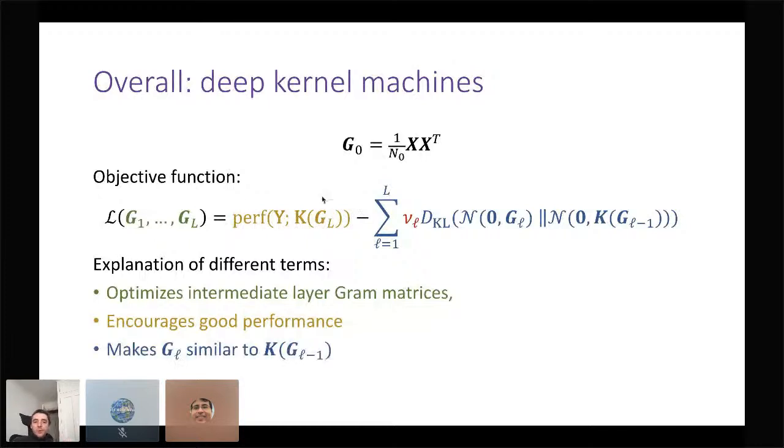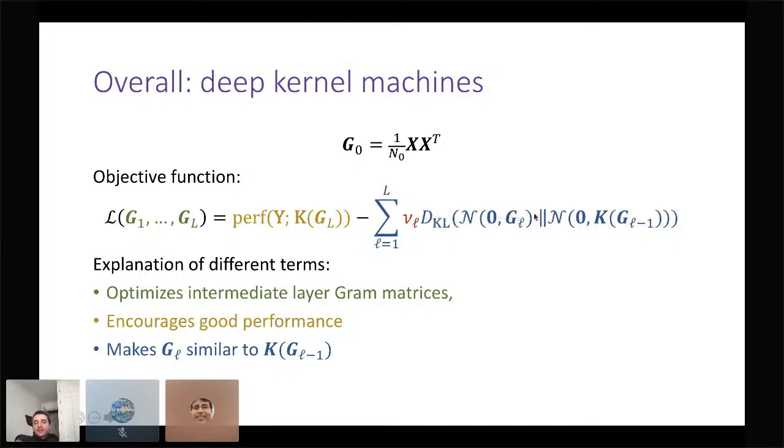Then we've got this bunch of terms that encourage the Gram matrix at the current layer to be as close as possible to the kernel function applied to the Gram matrix at the previous layer. You can see that it does this because this is a KL divergence applied to a multivariate Gaussian with that Gram matrix as the covariance, and a multivariate Gaussian again with this kernel function applied to the Gram matrix at the previous layer as the other distribution.